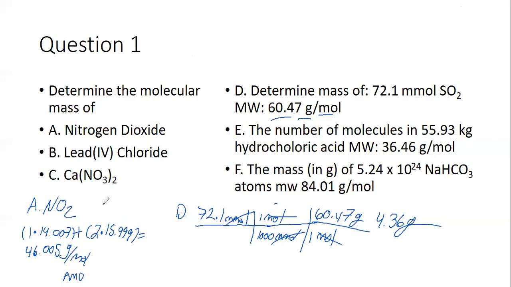So lead 4 chloride. First thing, just figure out where they are in the periodic table, right? So lead is element 82. Chlorine's element 17. Now we have to figure out what the ratio is. Chlorine's a -1 charge.